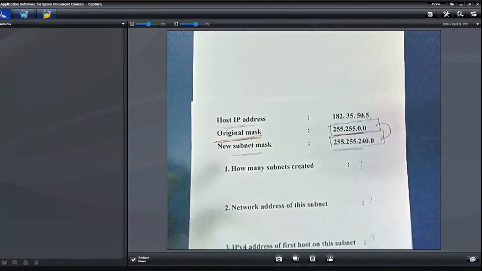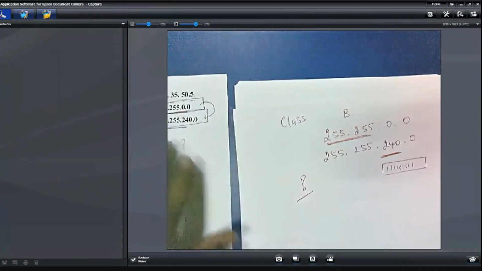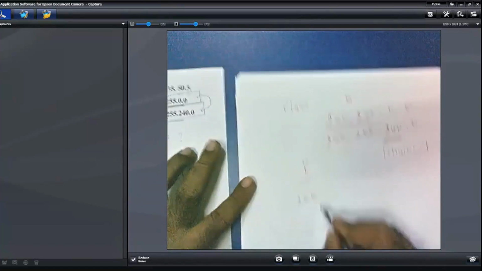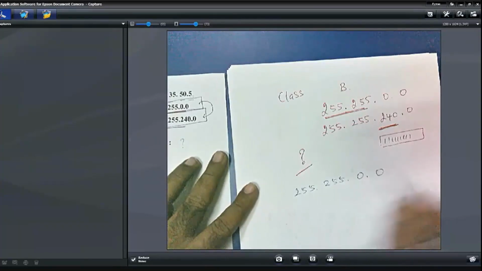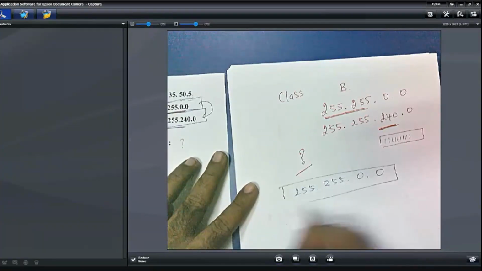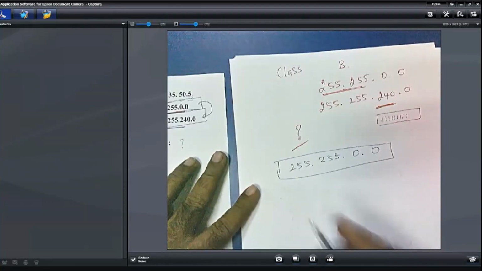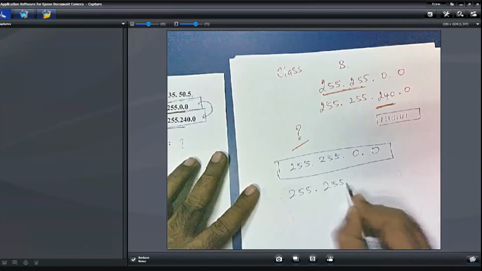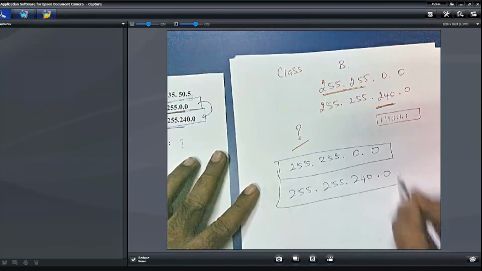Now listen carefully. I'm taking 255.255.0.0. This is the original subnet mask. After subnetting, this becomes 255.240.0.0.